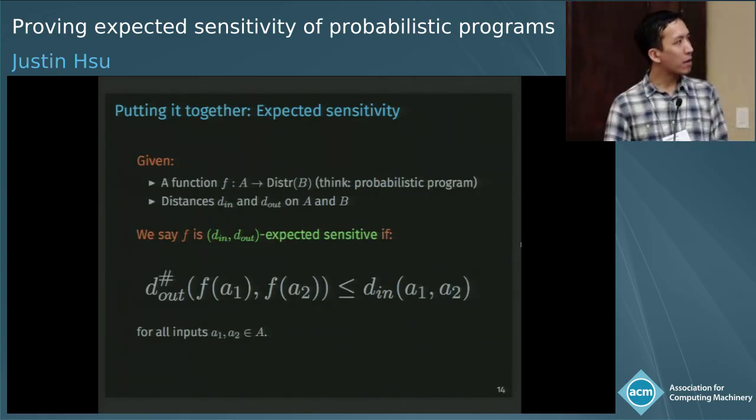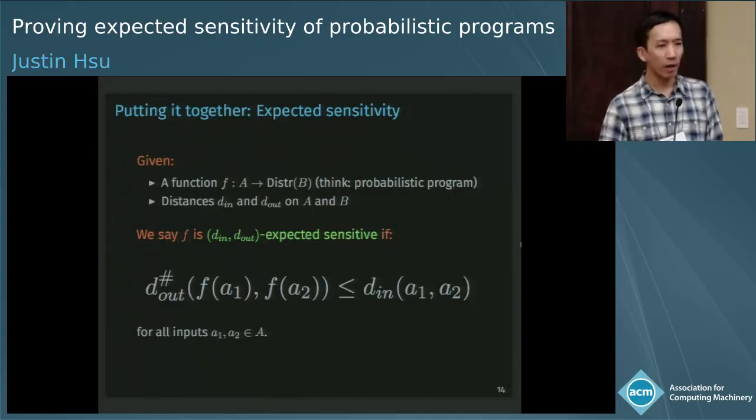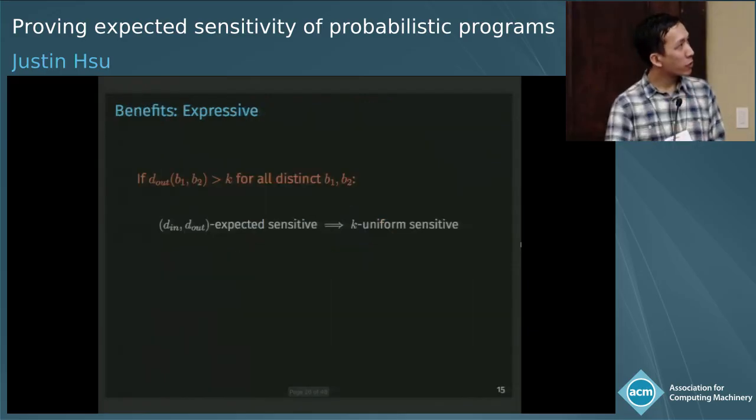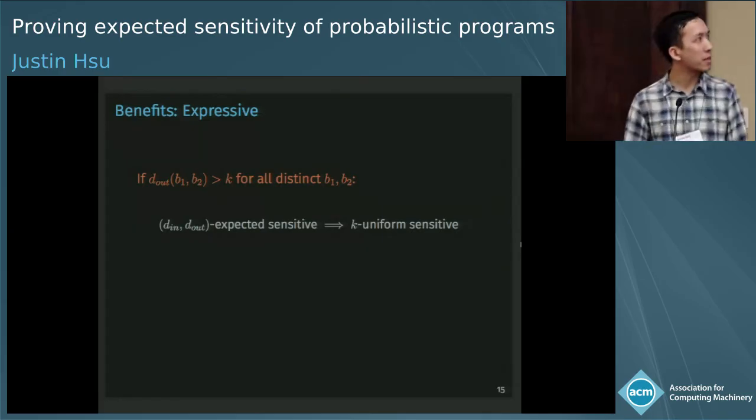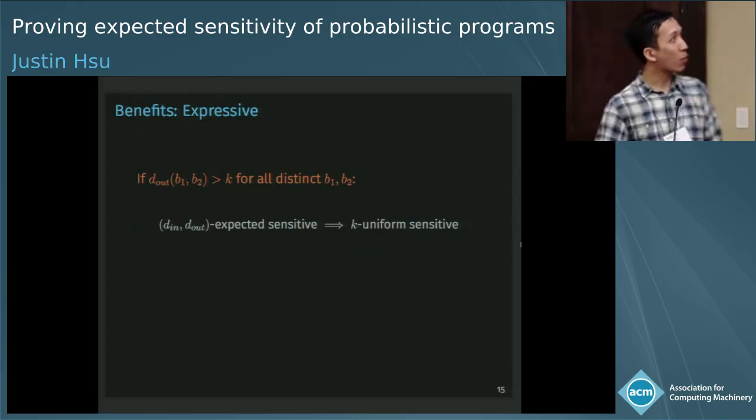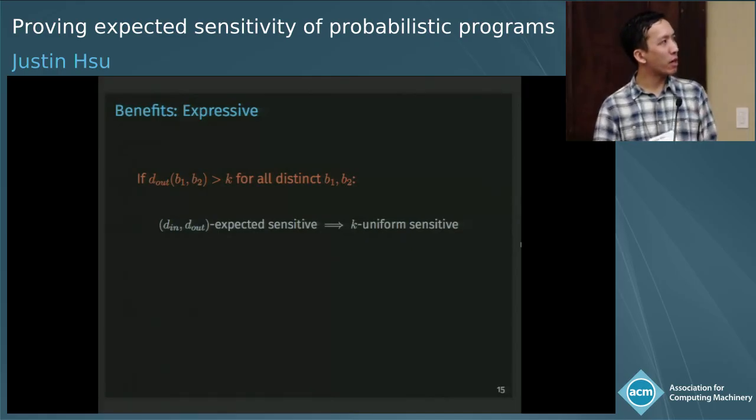And going back to our motivation, I said we wanted a general definition that is expressive and also easy to reason about. So for expressivity, it's possible to show that by varying the distance on output, the ground distance, we can recover some of the notions we saw before. So for instance, if the ground distance satisfies this property, where for every pair of distinct outputs, the distance is at least k, then d in, d out expected sensitivity implies k uniform sensitivity.